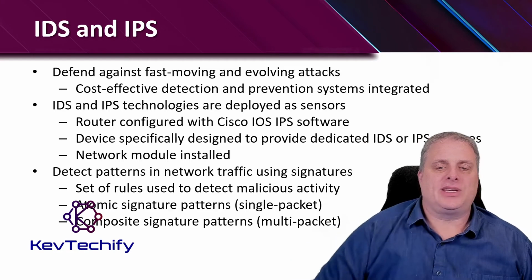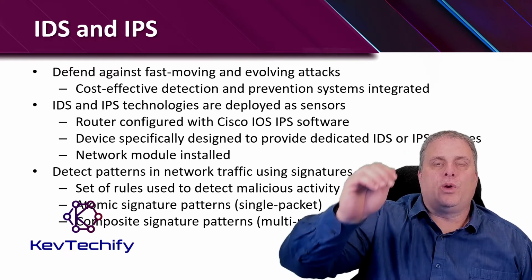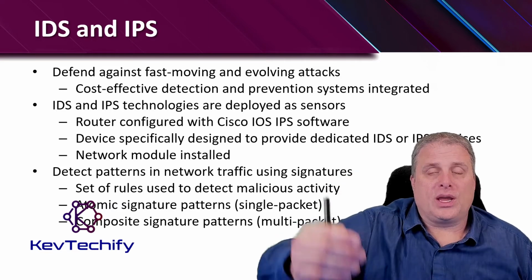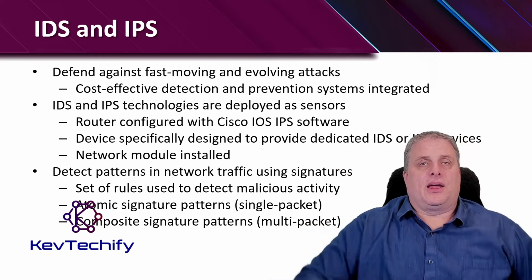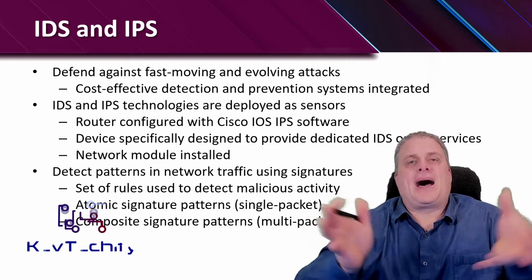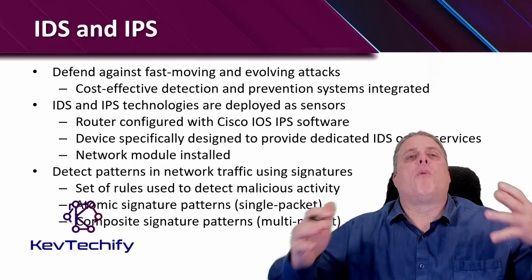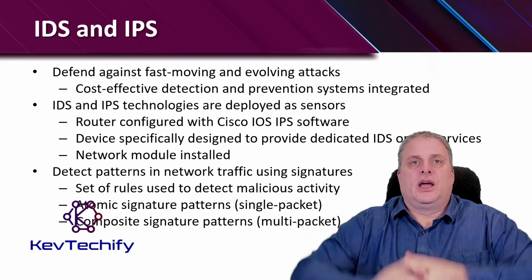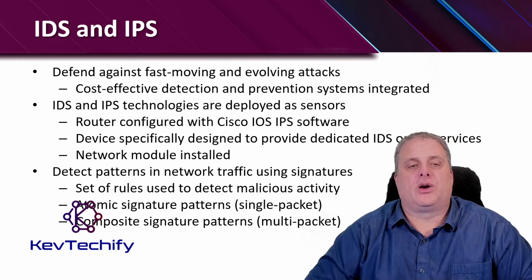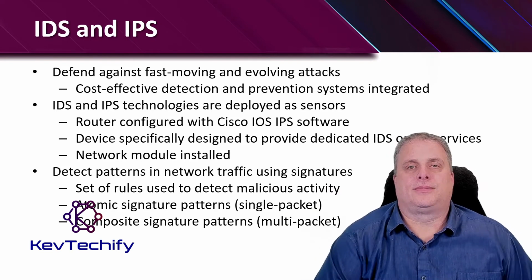One is the atomic signature, which is we look at the first packet. If the first packet matches it, we say, okay, something is happening. Or we can step back and look at the bigger picture. And this is a composite signature where we look at multiple packets to get an idea of what's happening. And then we can start reacting to that.